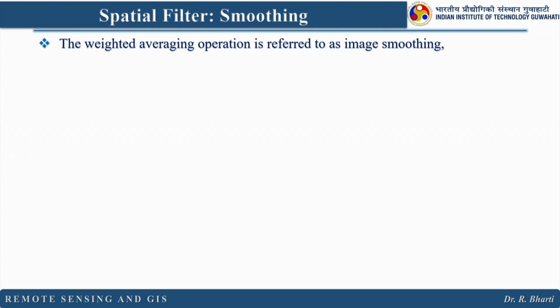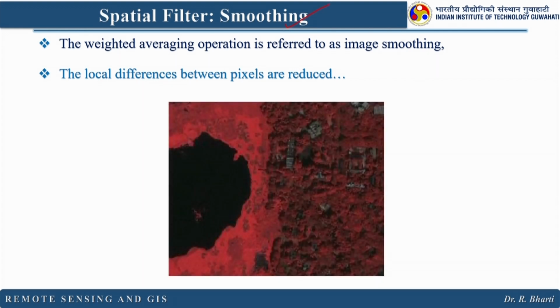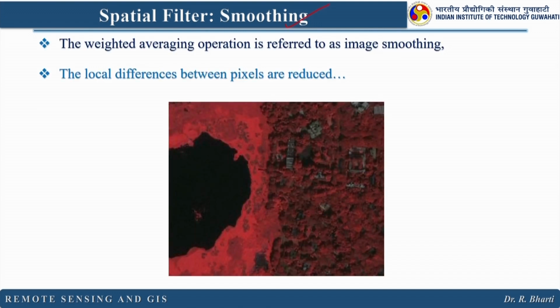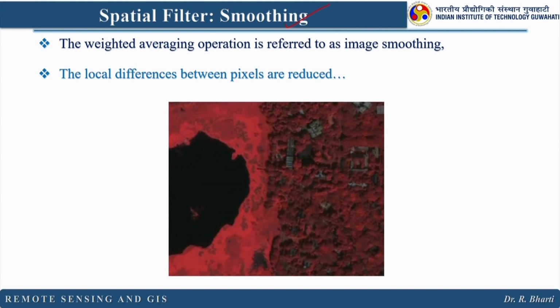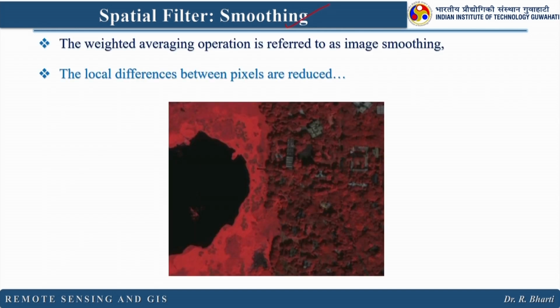This is the basic definition. Now, the local differences between pixels are reduced when you are using this smoothing, right. Here you can see some example, like this is one raw image, and if you apply smoothing, what will happen, right. You can see, I hope this is visible to you, right. So, here the difference in the intensity will be reduced.